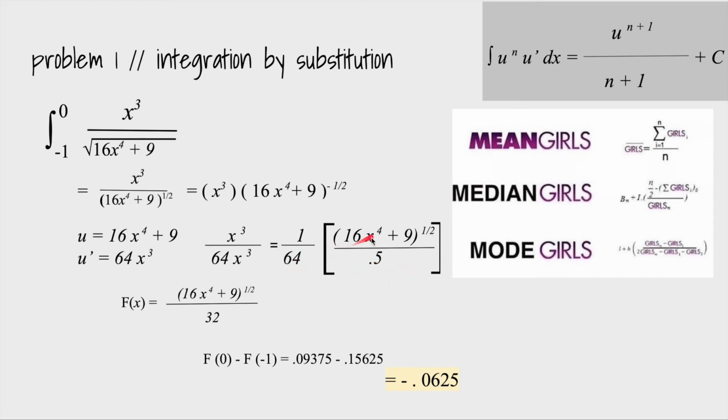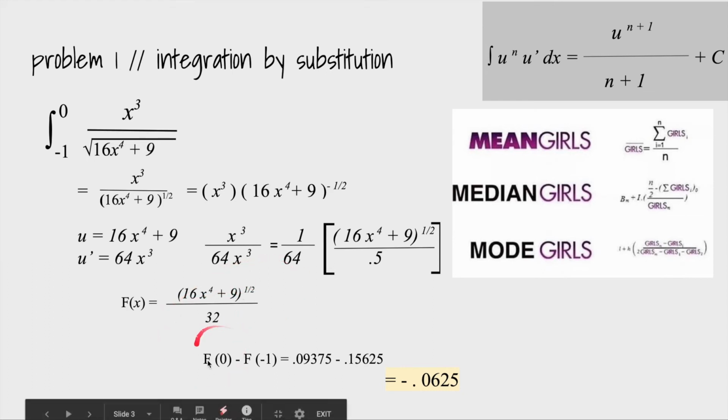And so 64 times 0.5 is 32, and 1 times this is the same thing, and the function is f of x equals (16x to the power of 4 plus 9) to the power of 1/2 over 32. Then we plugged in 0 and got 0.09375, and plugged in -1 and got 0.15625.